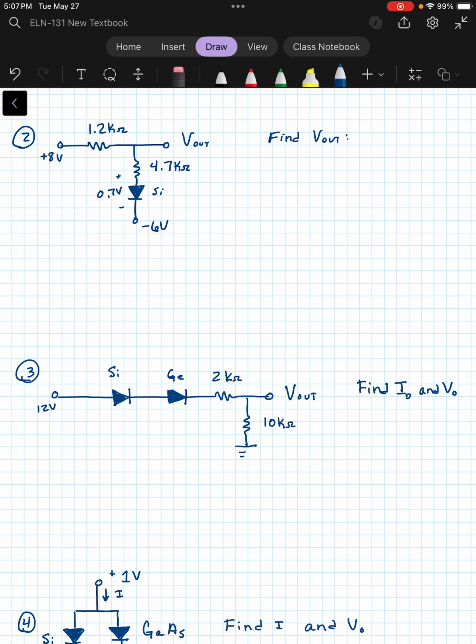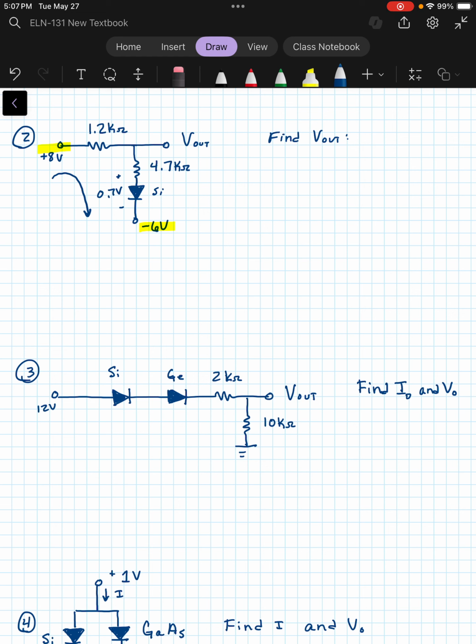And it looks like below the diode we're at -6 volts, and above the diode we start out with 8 volts at the top. So we're going to see that drop from 8 volts down to -6 volts. So that means that, yes, our diode is properly biased.